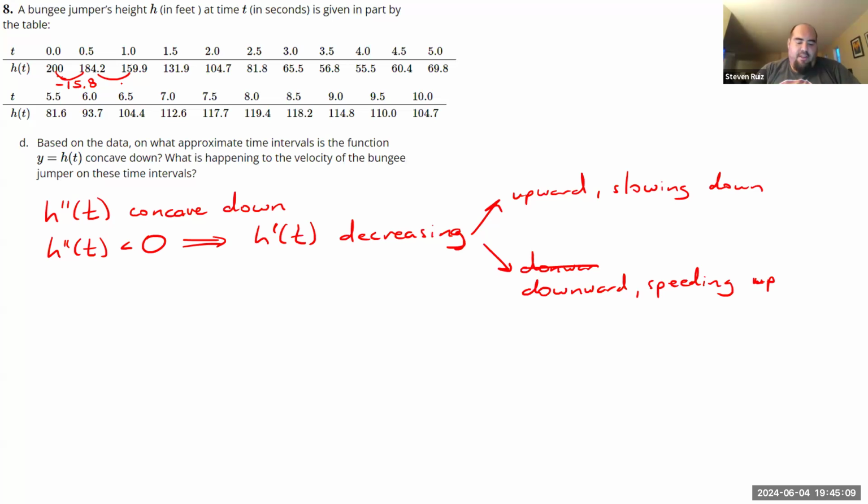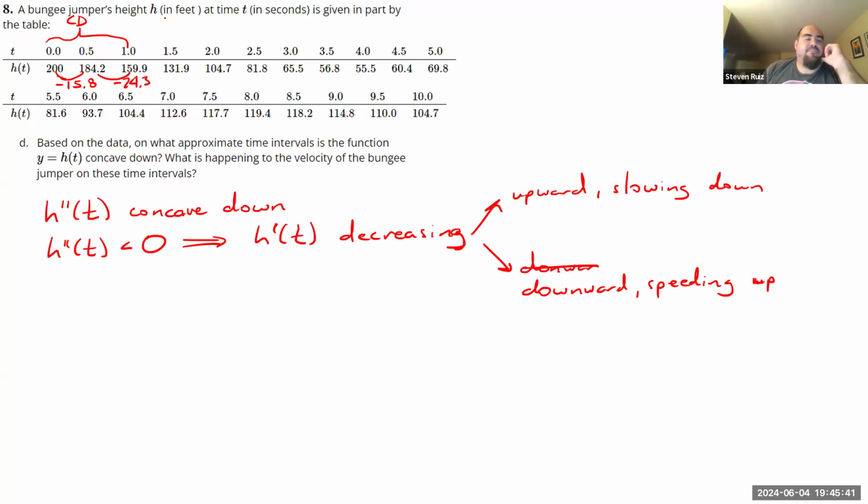We'll stop trying to do everything in our head and use a calculator. 184.2 minus 159.9 is 24.3. So is he speeding up? It looks like it. Your velocity was negative and is getting more negative. So in this interval, between 0 and 1 second, I believe we are concave down.